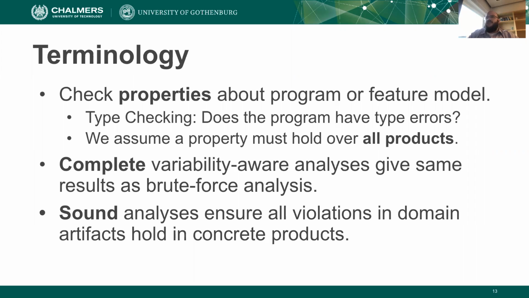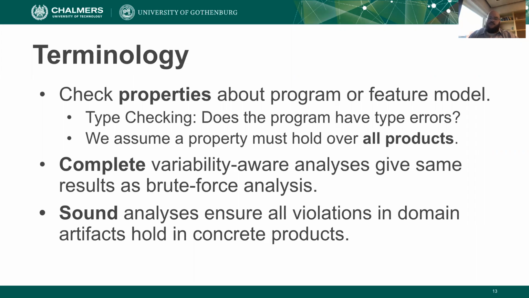Finally, there are different strategies that lift analyses to handle the large configuration space of product lines. We can say that a variability-aware analysis is complete if it finds the same property violations that a brute force approach would, that tried every single possible concrete product. We can say an analysis is sound if every time we find a property violation in our reusable assets, in any one of them, it's also going to be a problem in every concrete product that includes that asset, right?